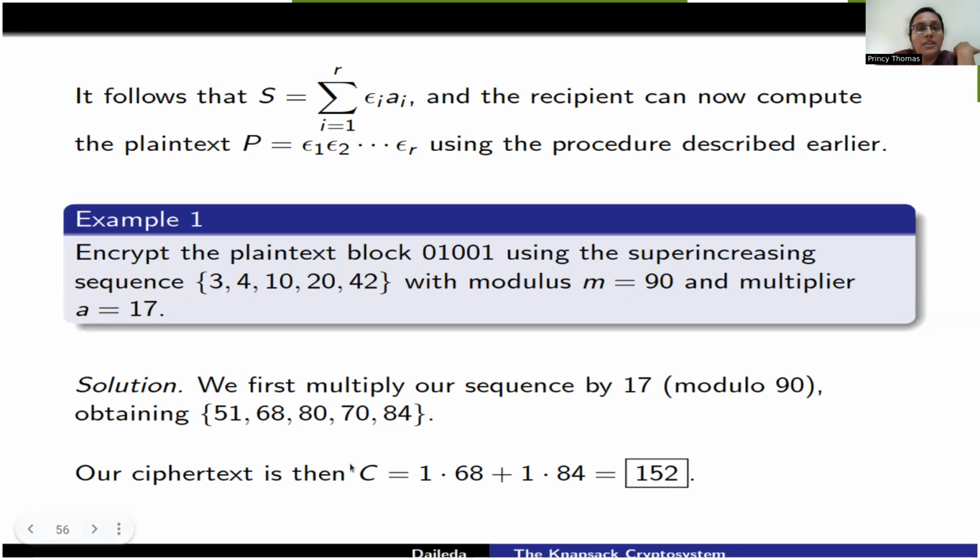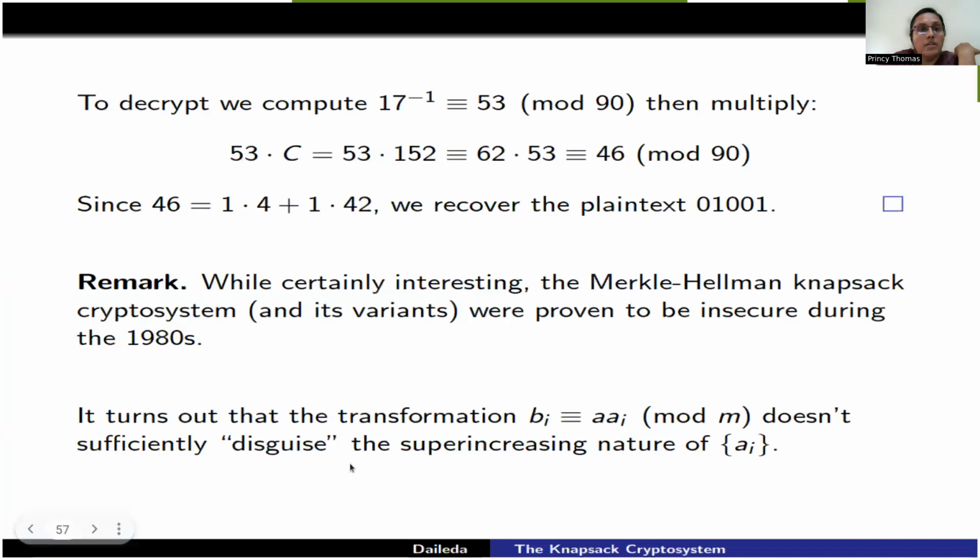Now, to decrypt, we compute 17 inverse, which is equal to 53 mod 90, then multiply 53 with the ciphertext 152. When you do 53 times 152 mod 90, you get 46.